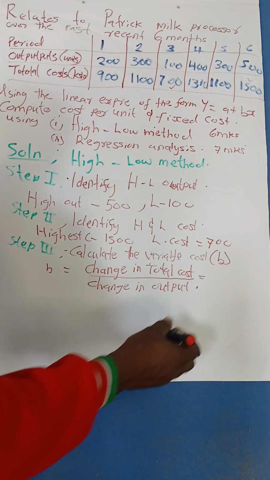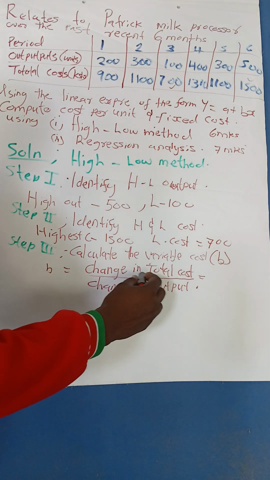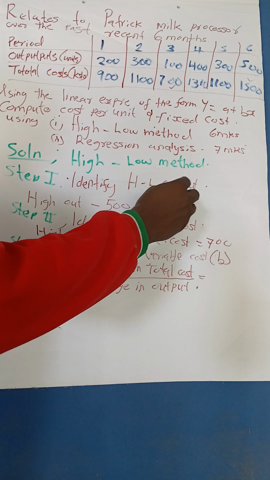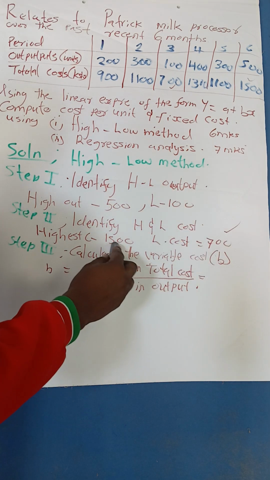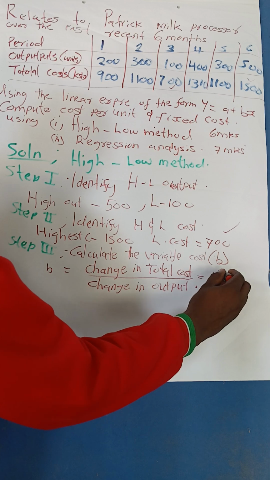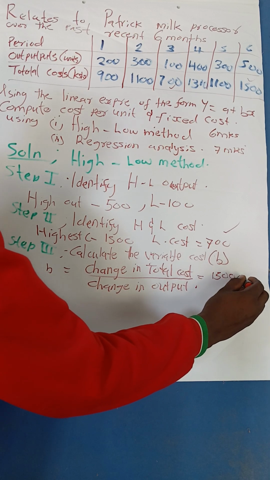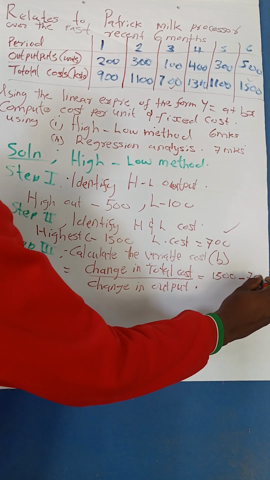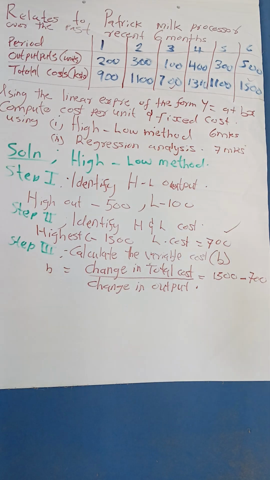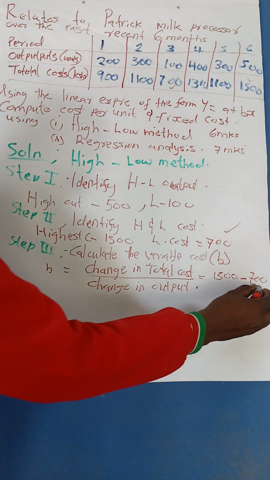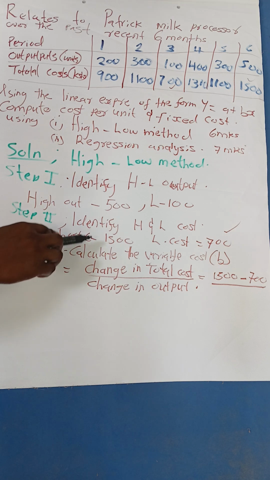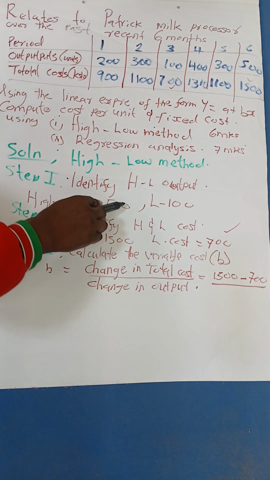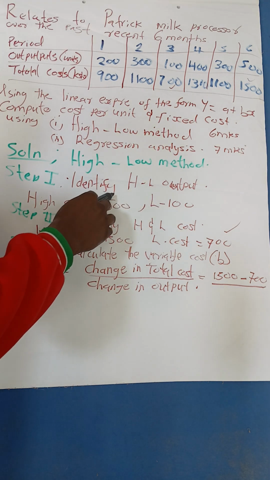So let us do it here. Change in total cost, we get back to where we identified the cost. The highest cost was 1500, you minus 700. That is what we mean by change in total cost. Then you divide by the change in output.